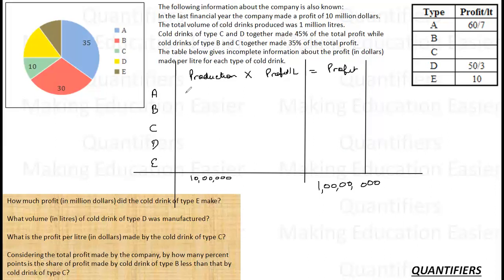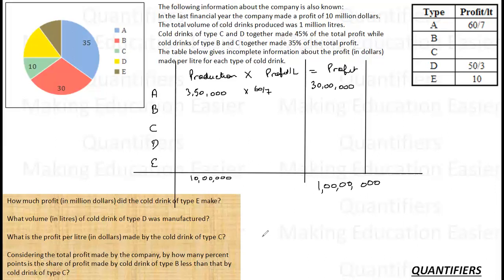Everything is in dollars. So production of A is 35% of 10 lakh, that is 3.5 lakh. Profit of A is 60 by 7. So profit due to A is 50,000 into 60, that is 30 lakh.